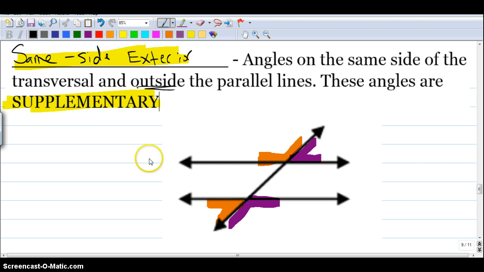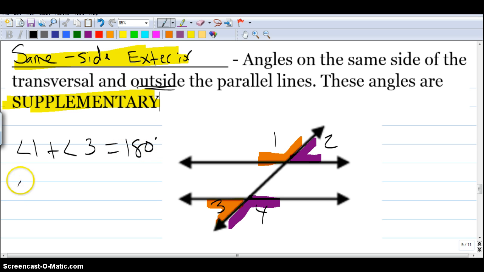That's an example of same side exterior. So angle 1 plus angle 3 is equal to 180 degrees. Angle 2 plus angle 4 is equal to 180 degrees.